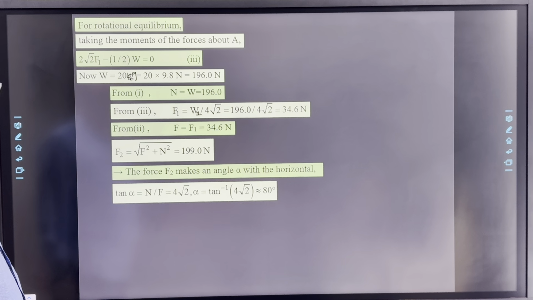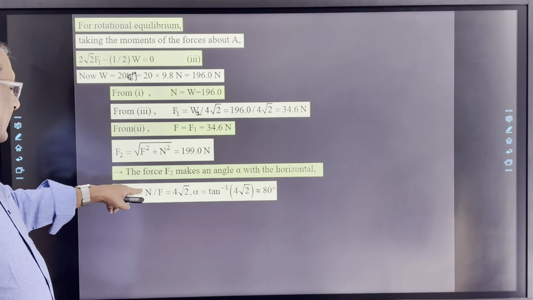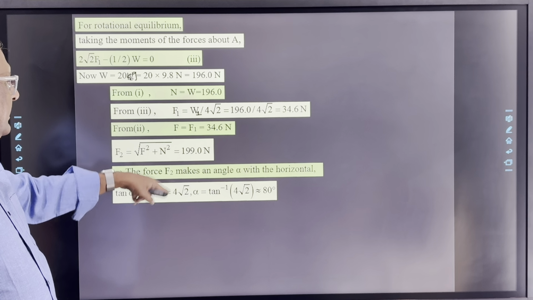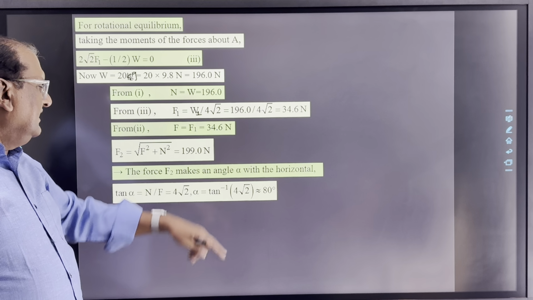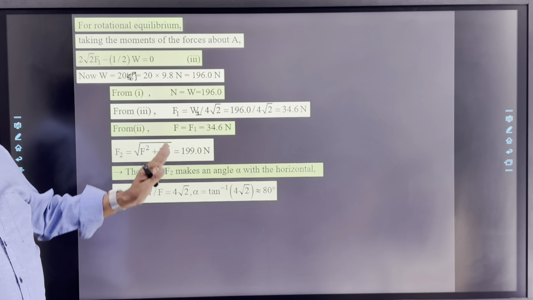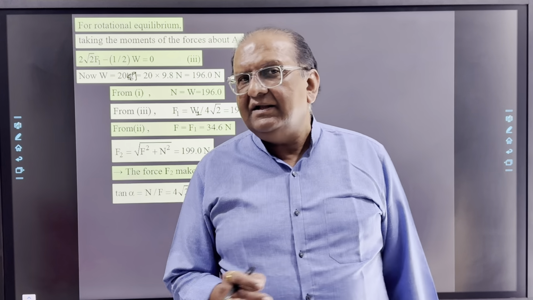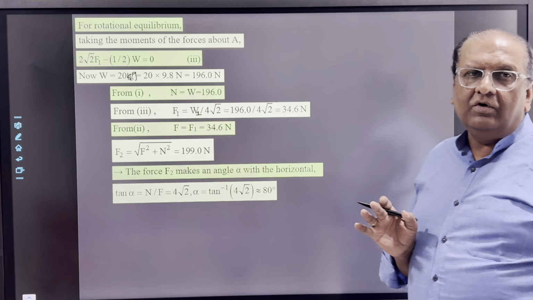Okay. So tan alpha is N by F, that will be equal to 4 root 2. Alpha is tan inverse 4 root 2, that will be nearly equal to 80 degree. So here we calculated the magnitude and the direction of F2. Clear to all of you?